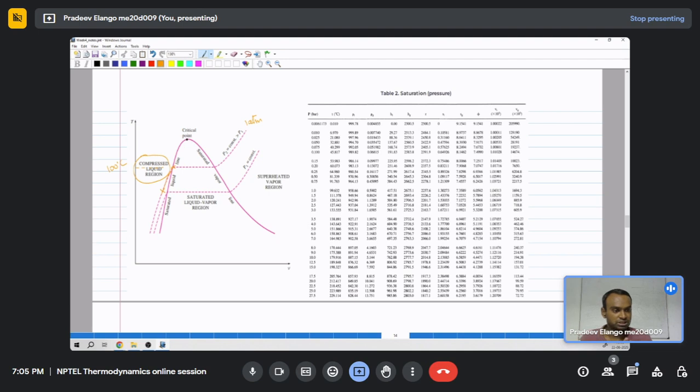So there is a phase shift from liquid to vapor, liquid to gas phase, and during this phase shift we will add heat to the system, but this heat will not raise the temperature of the system, it will only change the phase of the fluid.